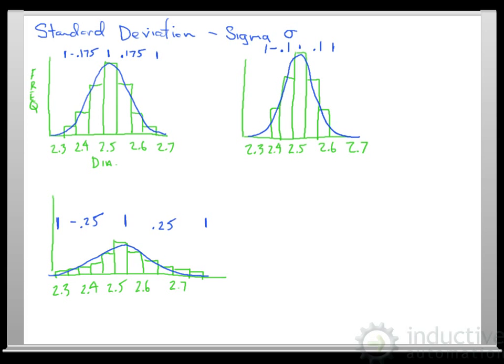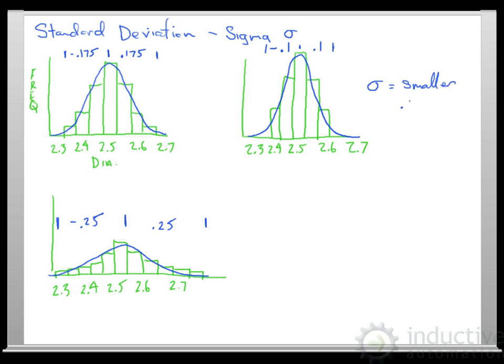Now this isn't the exact number of the standard deviation. Standard deviation is actually a different number, but this just represents the deviation of product. So in this case, our sigma may be around something like, it's going to be a smaller number.